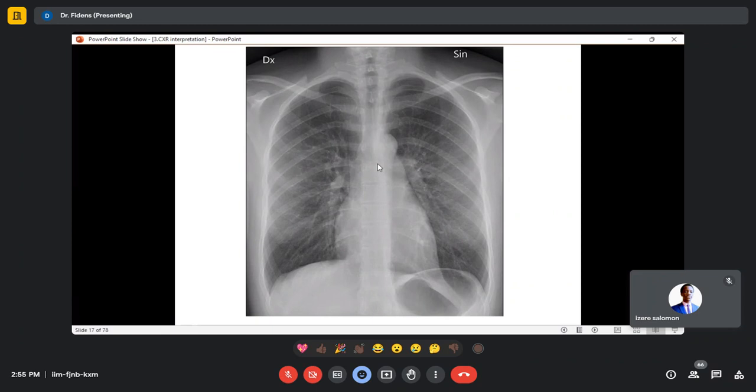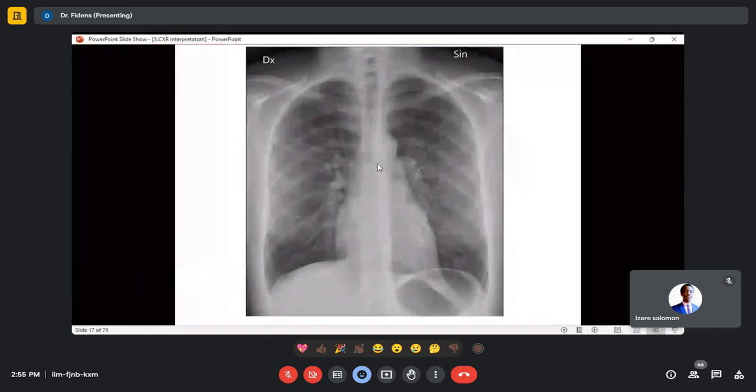But even if it is like that, it is slight, and it didn't affect the rest of the chest X-ray, because the lungs are clear, the vessels are clear. Even if you say the vessels are prominent, I don't see where they are prominent. This is a normal appearance of pulmonary vessels. The collimation is good.